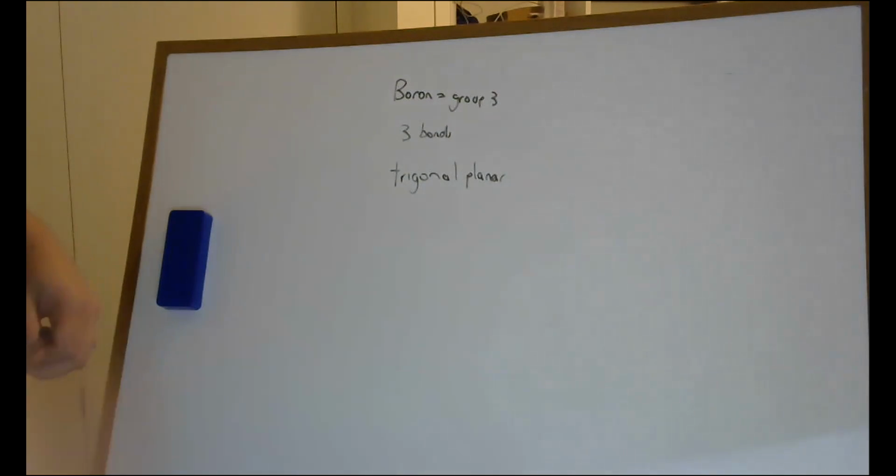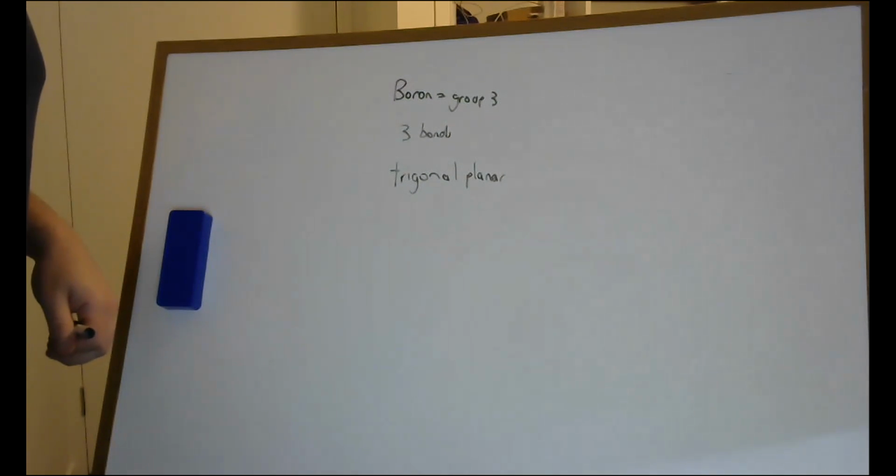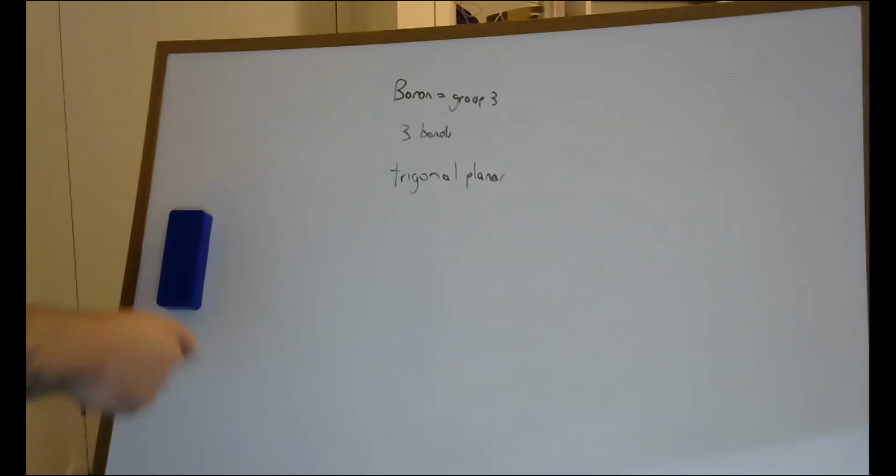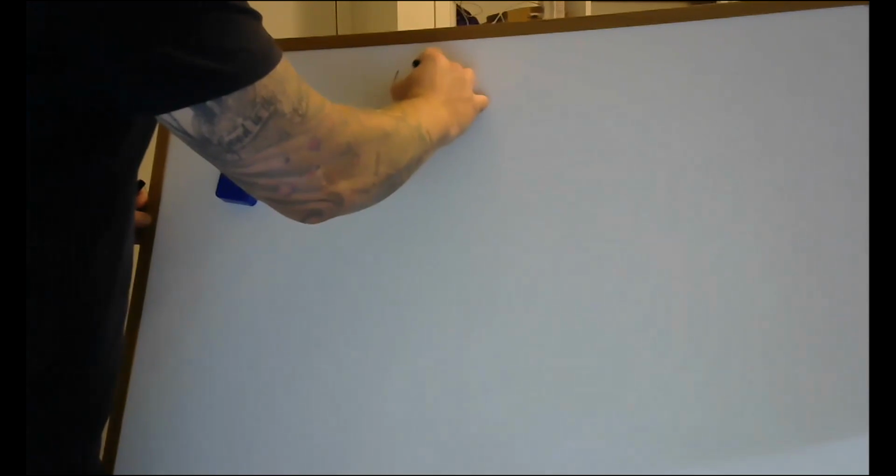So there's another one. Tetrahedron. I'm not going to try and draw one because I'm not very good at drawing. And an example of a tetrahedron is there are 4 bonds, 4 bonding pairs.